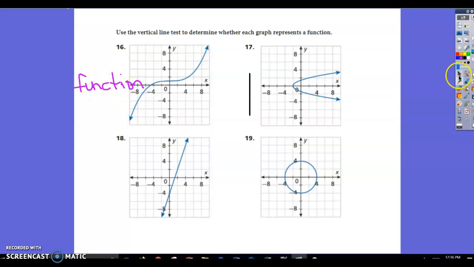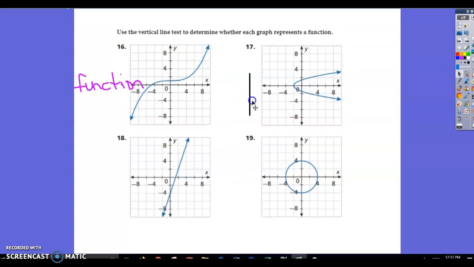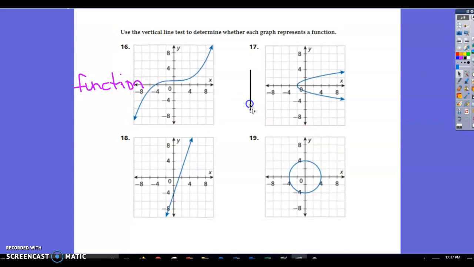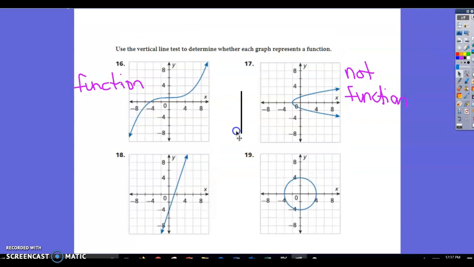All right, number 17. If I take my line here and I look, you can tell that it crosses in multiple places. So because the vertical line hits here more than once, number 17 is not a function. All right, so let's look.